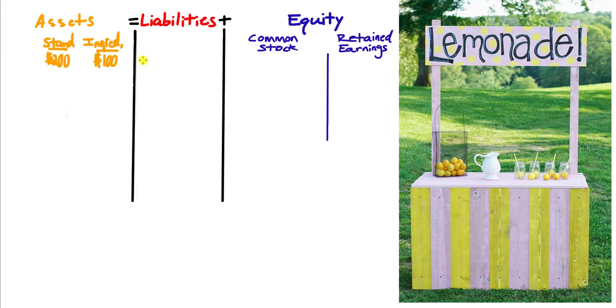Okay, so did her parents say that she needs to pay them back at some point for all of this? No. So no liability was created. What happened was the girl put in some of her own personal things that she owns into the business to run the business.